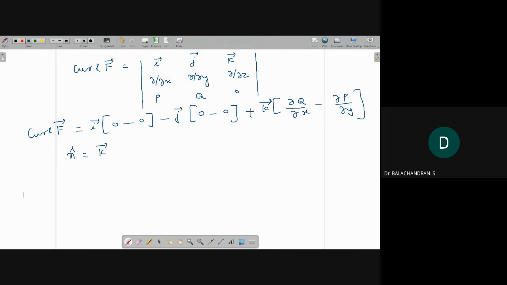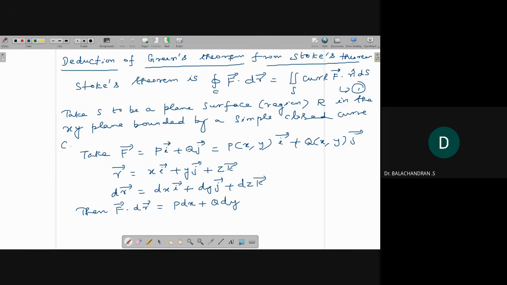Now equation 1 implies, what is equation 1? Left hand side is integral over C f vector dot dr vector. F vector dot dr vector, we already know, is p dx plus q dy.